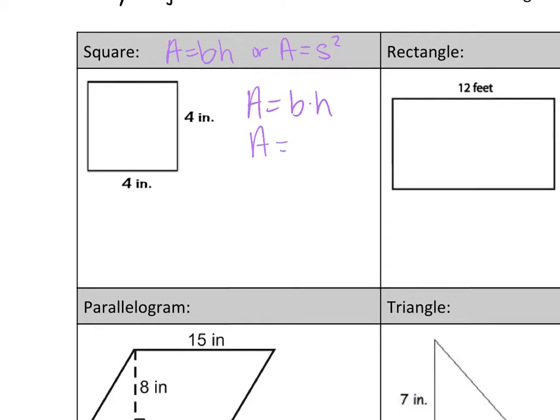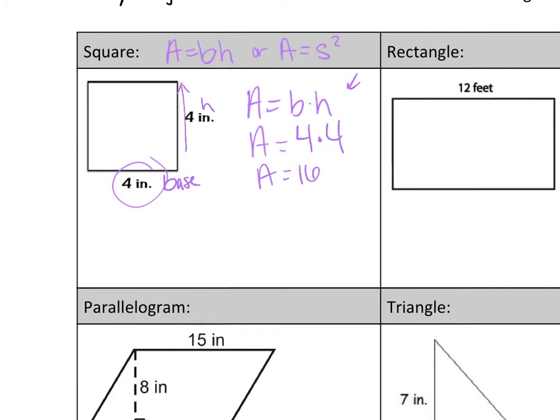First of all, always write out the formula. Secondly, plug in each number for whatever it represents. So 4 represents the base because it's the bottom, and 4 represents the height of the object. So 4 times 4, and 4 times 4 is 16.